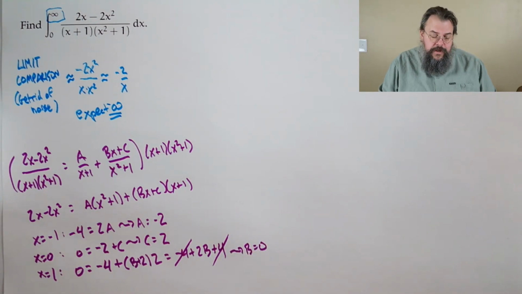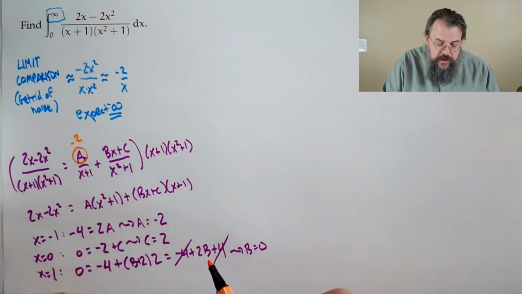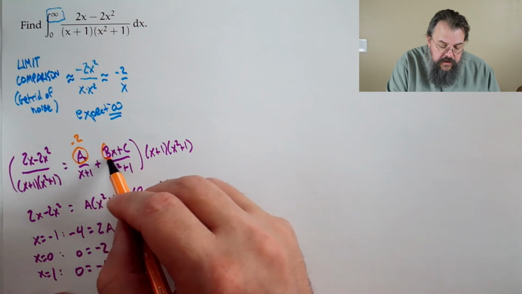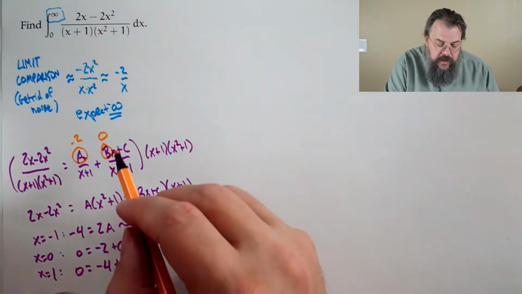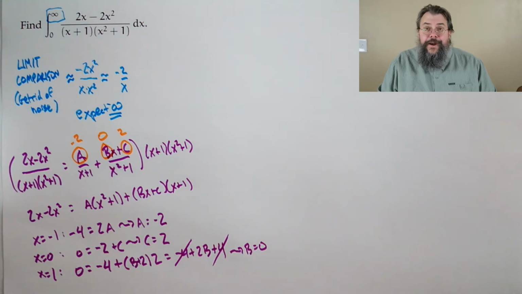All right, wonderful. So what do we have as our pieces? Well, we have the a here, negative 2, the b, 0, and the c is positive 2. Okay, well, now we're ready to go back and keep going with our original integral.